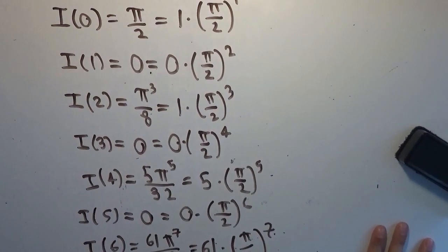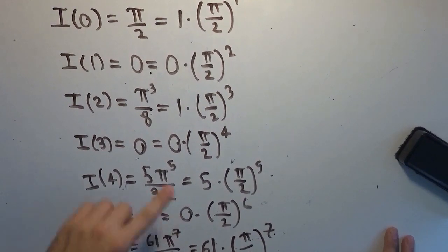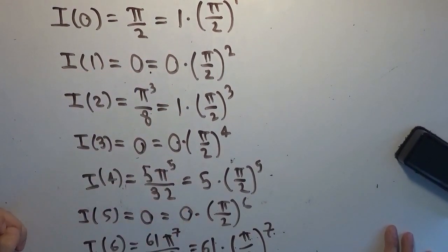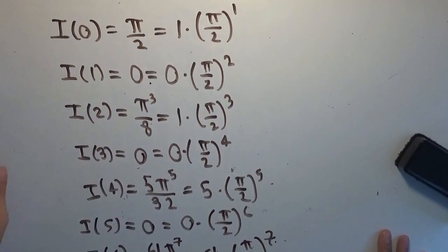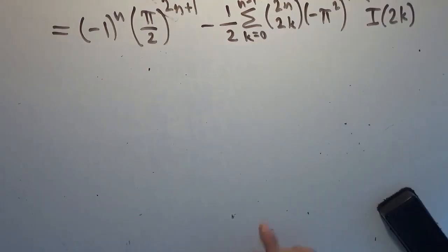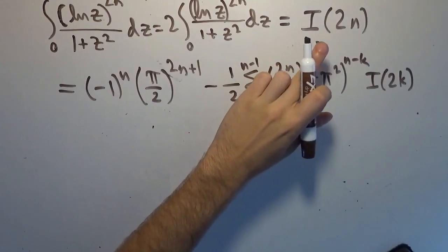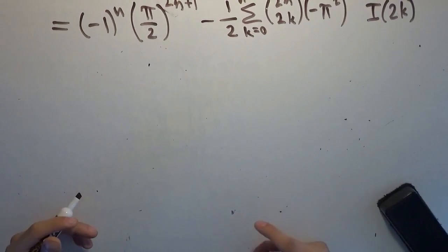So what we're going to do, because it seems like the constant pattern is a power of pi over 2, is take a look at the coefficients of those powers of pi over 2. So I'm going to erase these things that we've got, and we're going to look at this sequence of numbers which starts at an index of 0. We've plugged our integers into this formula to get our I of 2n's, and we know that all the I of odd n's are 0.